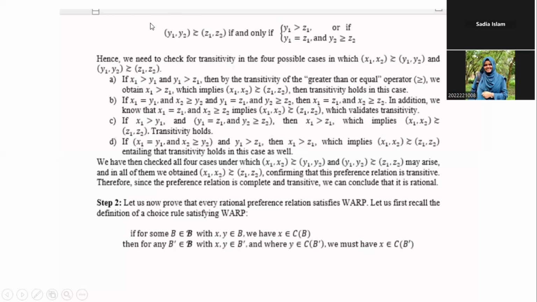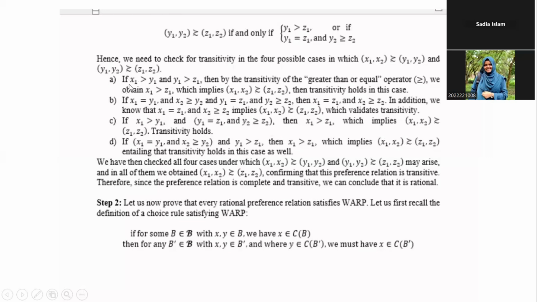In that case, bundle Y is weakly preferred to bundle Z. So in these four points A, B, C, D, we take the combination of two of each condition, and we show that they obey the rule of transitivity.